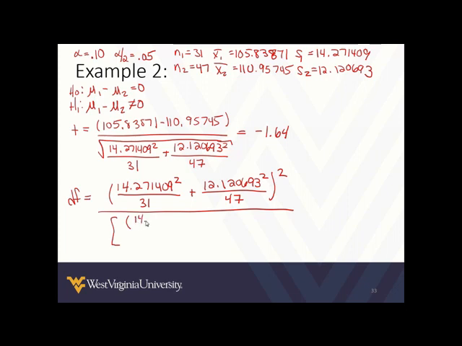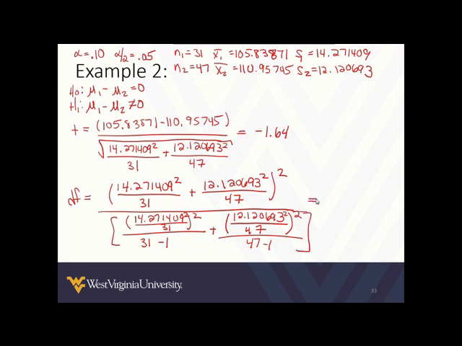all divided by, let's see, 14.271409 divided by 31, quantity squared, all divided by 31 minus 1, plus the quantity of 12.120693 squared over 47, squared, all over 47 minus 1.